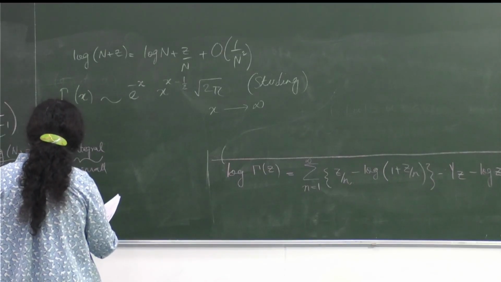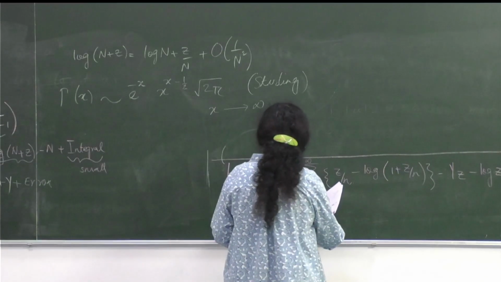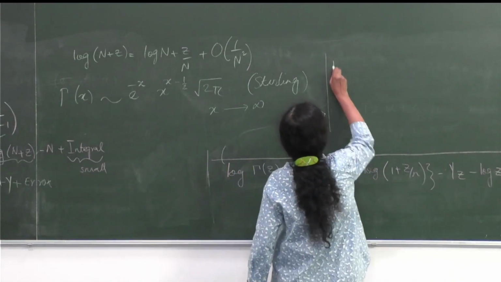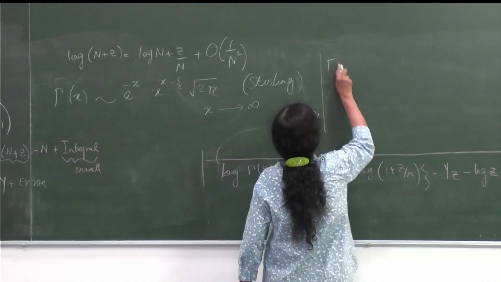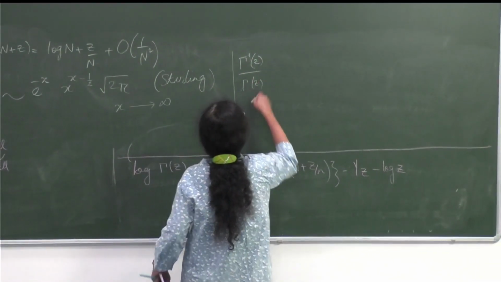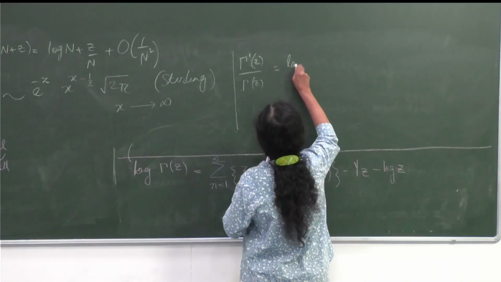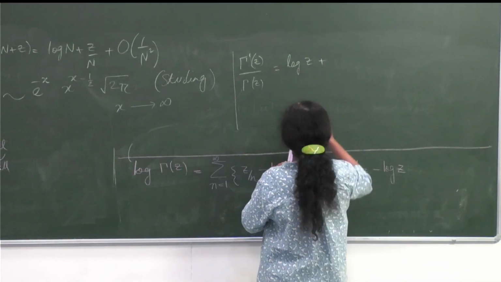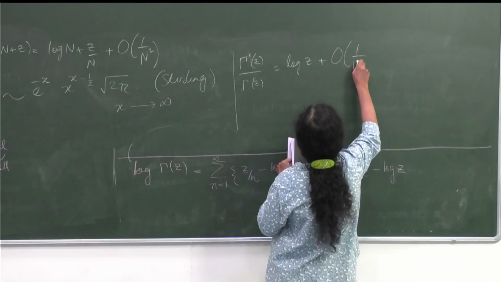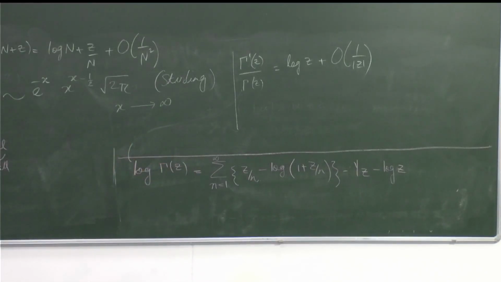So this was the question: gamma prime z by gamma z is log z plus big O of 1 by absolute value of z. This was one of the questions I said.